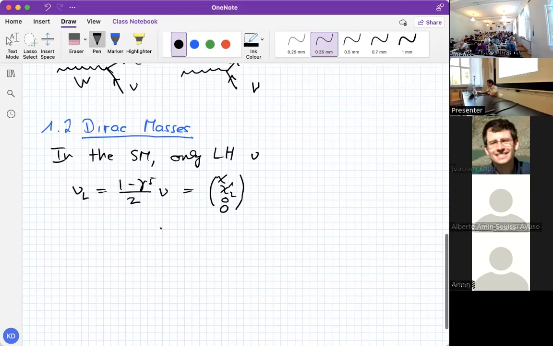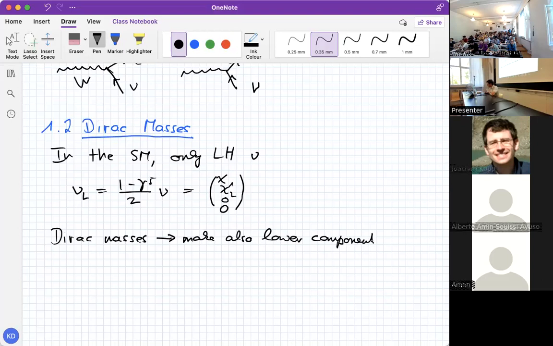Now, the main hypothesis when introducing a Dirac mass term is that we make also the lower 2 components physical. So Dirac masses mean make also the lower components physical.